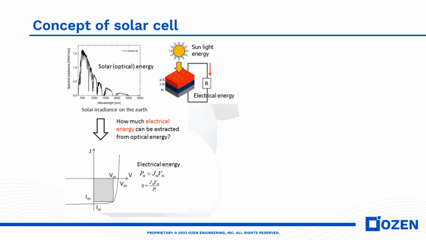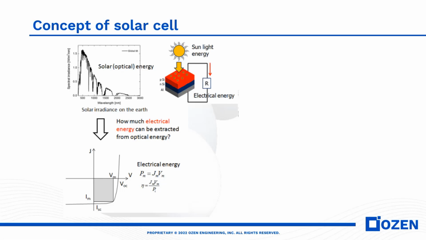The final parameter that we need in the solar cell is power. If you look at this IV curve, we want to bias our solar panel here, because at this point we have the maximum power.